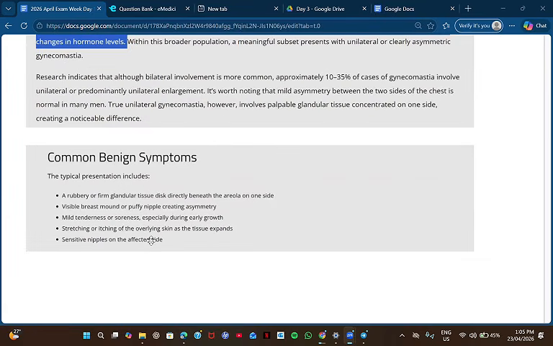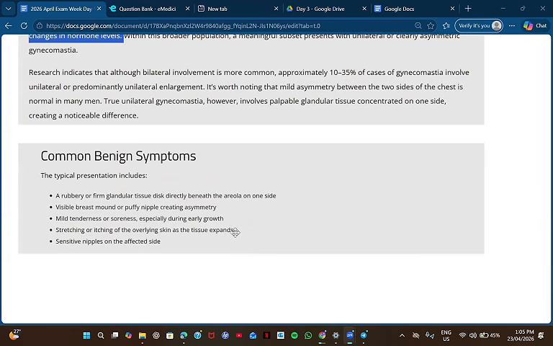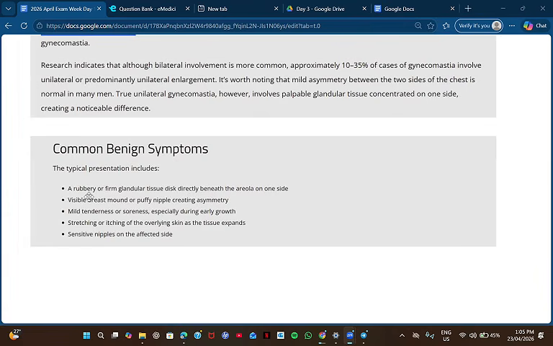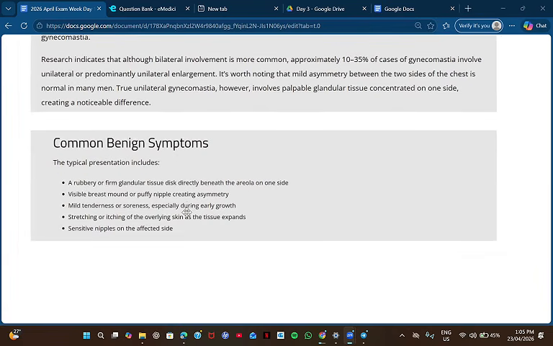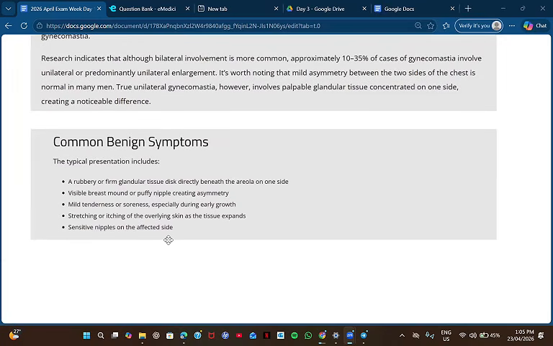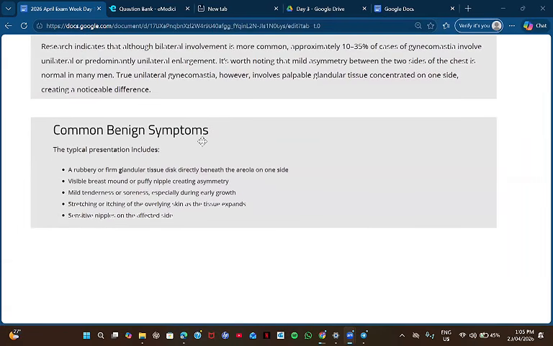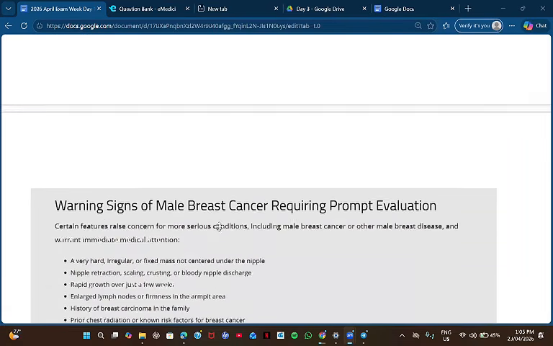The typical presentation: rubbery or firm glandular tissue directly beneath the areola on one side, a visible breast mound or puffy nipple creating asymmetry, mild tenderness or soreness especially during early growth, stretching or itching of the overlying skin as the tissue expands, and sensitive nipples on the affected side. These are the benign symptoms that you can see.